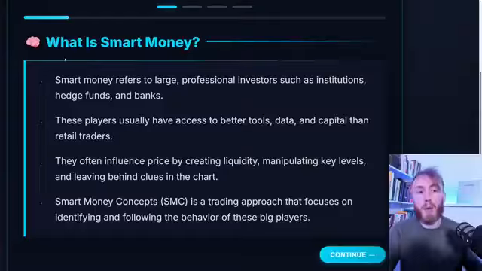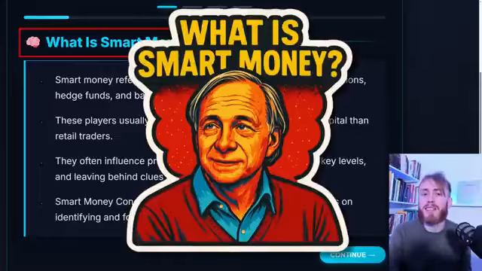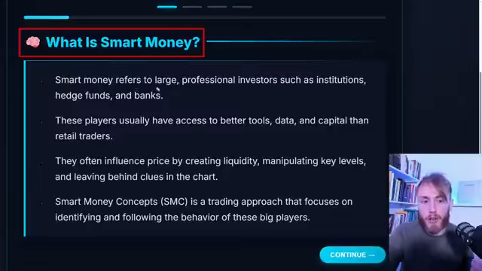And now, before we can start taking a look at our smart money concepts, we of course first need to understand what smart money is in the first place. Smart money basically refers to large professional investors such as institutions, hedge funds, and banks.